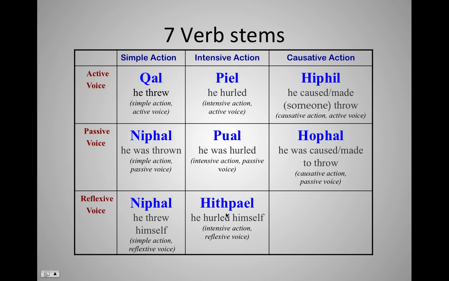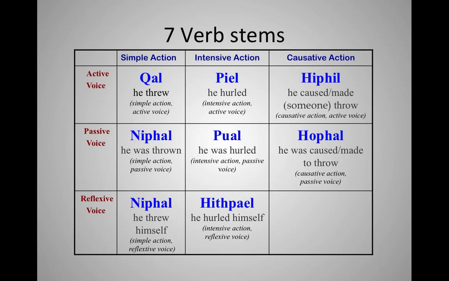And some Hithpael verbs don't all reflect an actual reflexive voice where the subject is performing an action upon itself. Some of them reflect more of a repetitive type of action, like he walked to and fro. That type of phrase demonstrates what some Hithpael verbs convey. So my point is that this chart is a very neat, cut and dried chart to give you a point of reference right now, because you just need something clean cut and simple to start with in Hebrew.